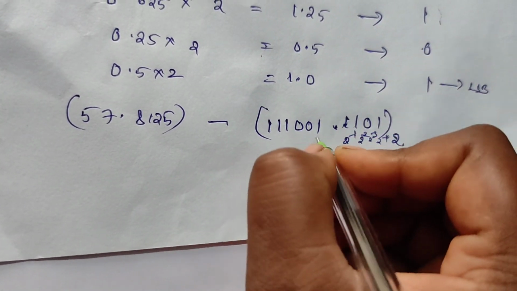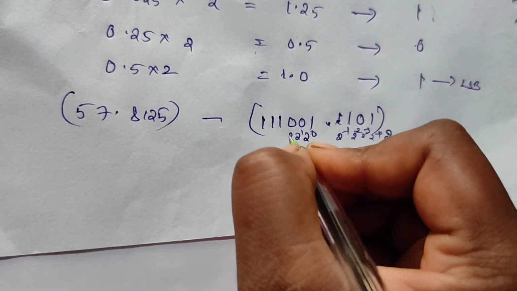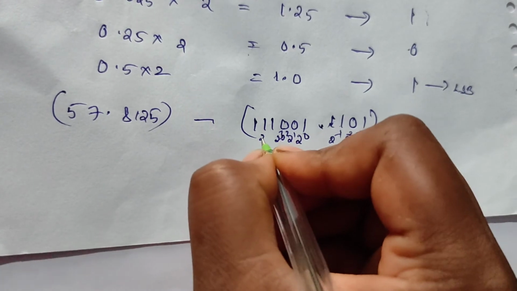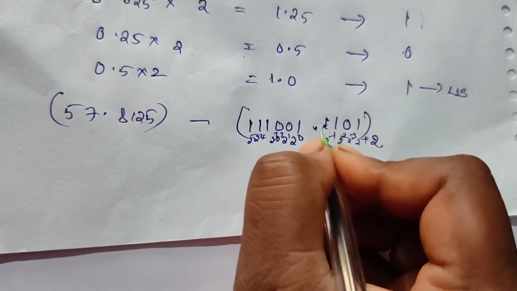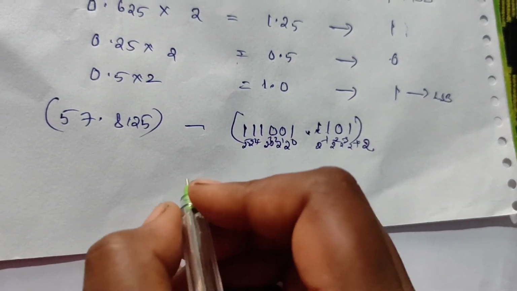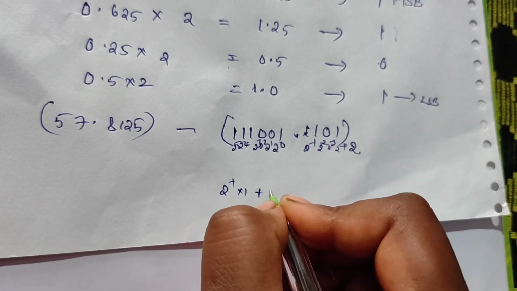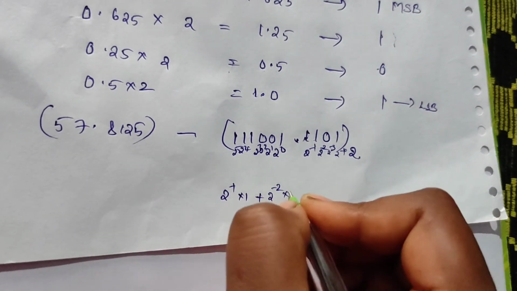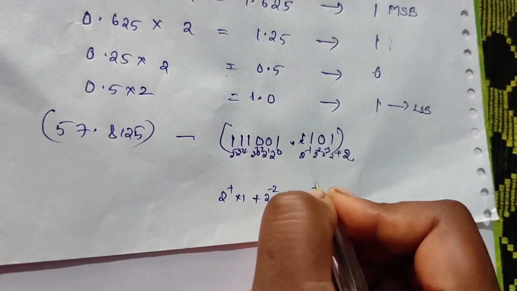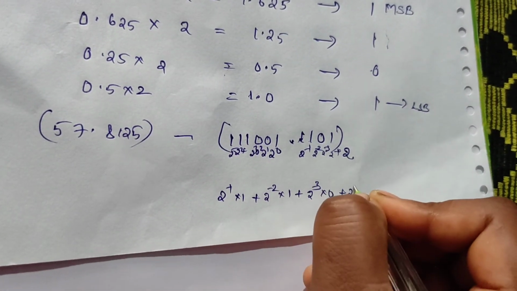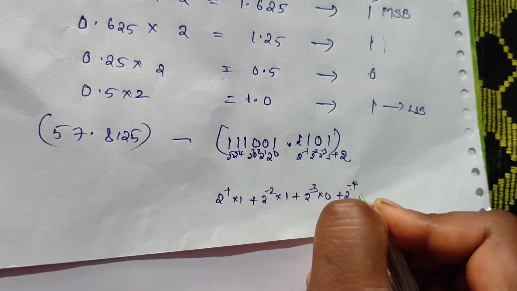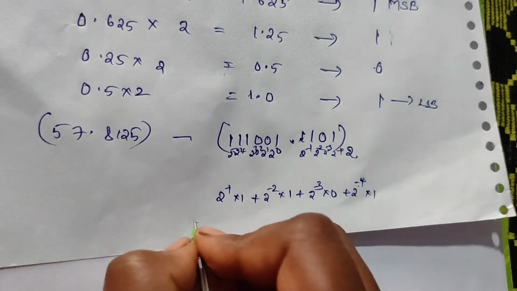So take 2 power minus 1 into 1, 2 power minus 2 into 1, 2 power minus 3 into 0 plus 2 power minus 4 into 1, and note down.